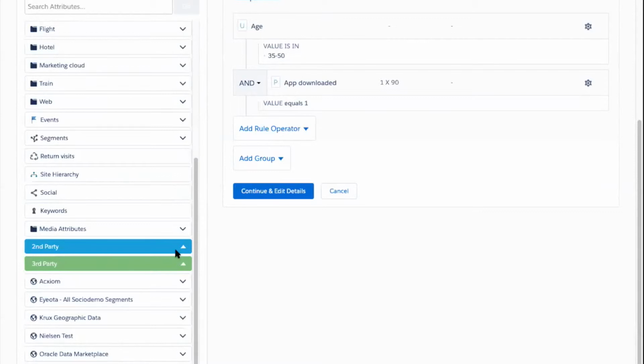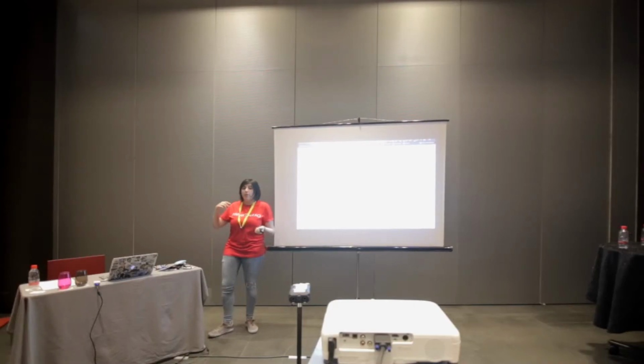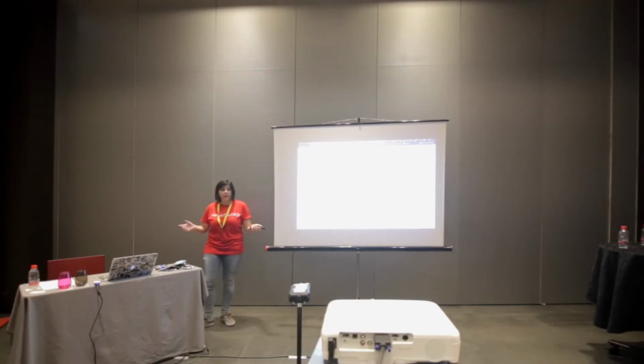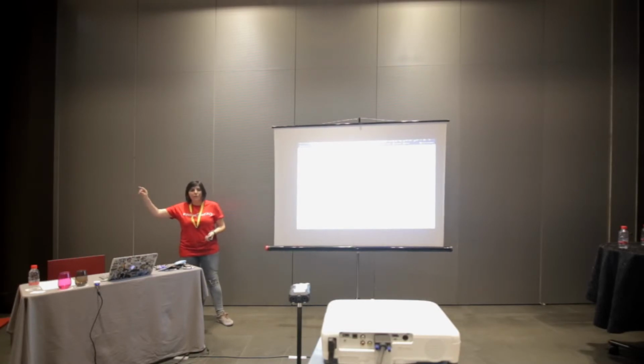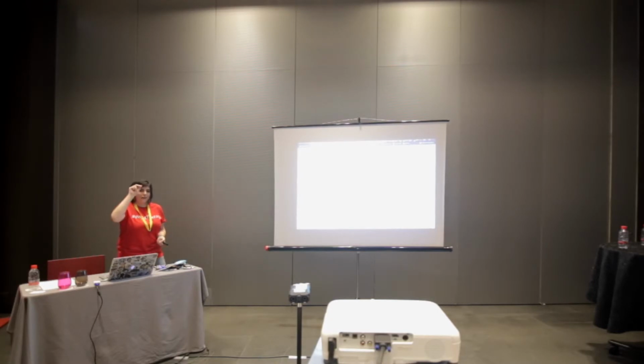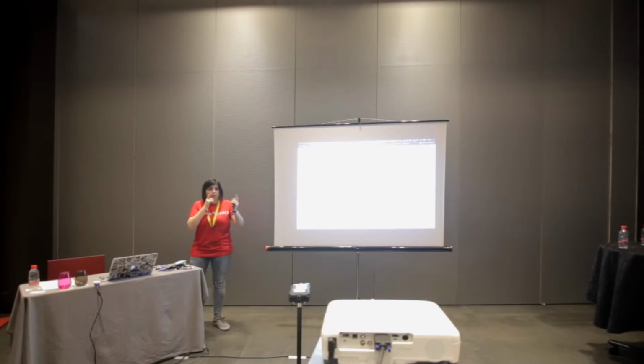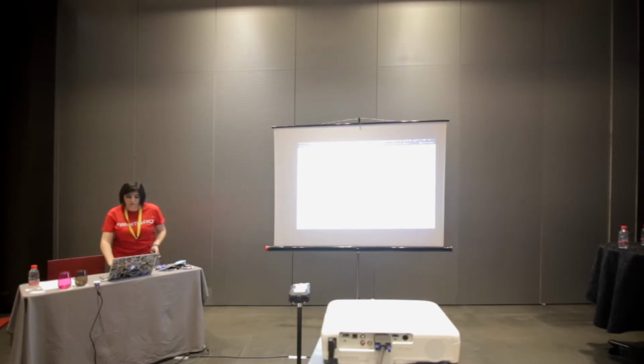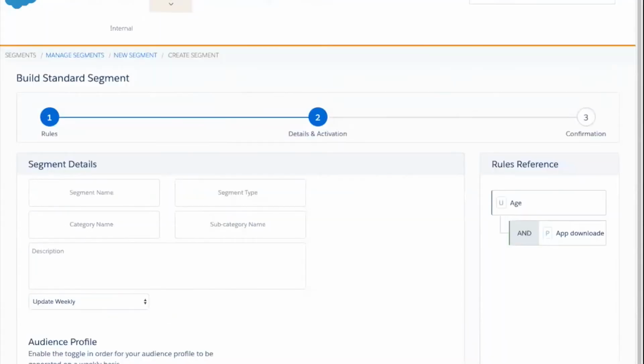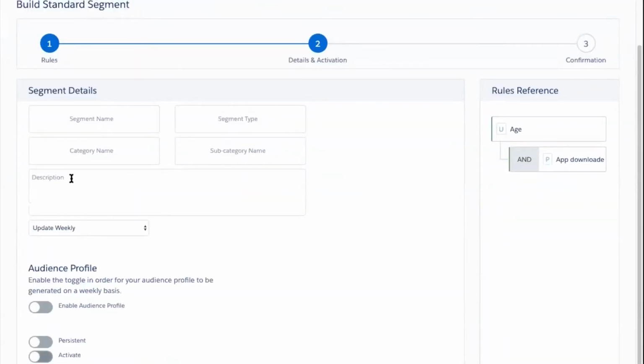I can buy data from Kayak for people who are looking for an apartment, who are looking to travel to Mallorca, and then I will show the ad of my hotel in Mallorca. So instead of being with a machine gun, I will be able to be a sniper and to impact the person in the correct way. Once we have it, we just click on continue, give it a name and activate it.